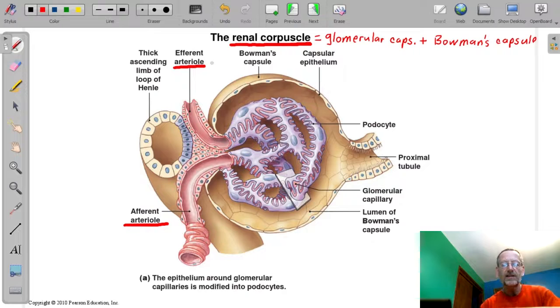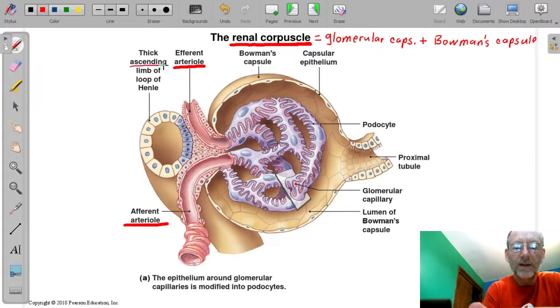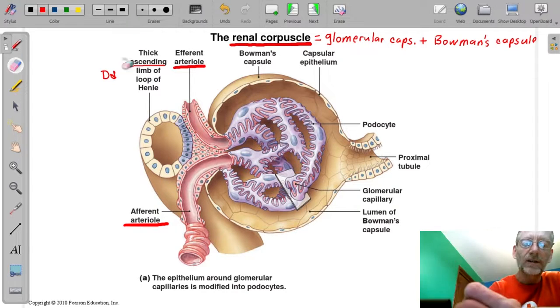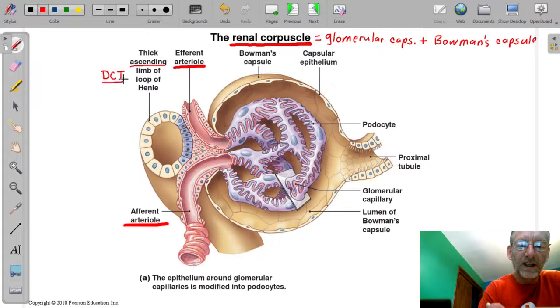And what we were just looking at on that juxtaglomerular apparatus was a piece of the ascending limb of the loop of Henle, or depending on how you're describing it, it's also sometimes just referred to as the DCT, the distal convoluted tubule, which is how I tend to write it, just because it's simpler to write DCT than ascending limb of the loop of Henle.